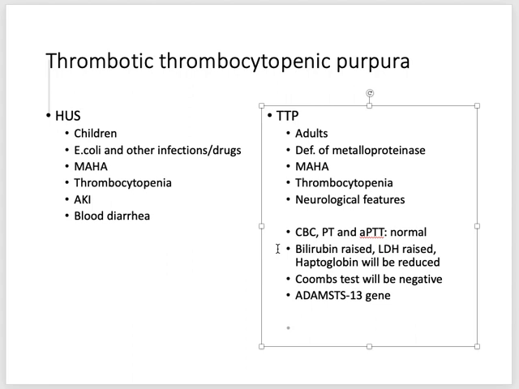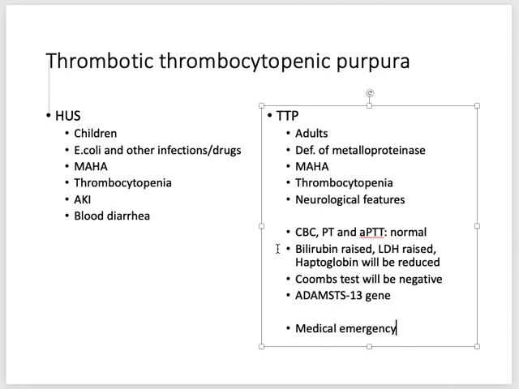Of course, guys, this condition is a medical emergency. Remember this, because the patients can die. What we do in these patients is provide them with steroids, plasma exchange therapy, plasmapheresis.